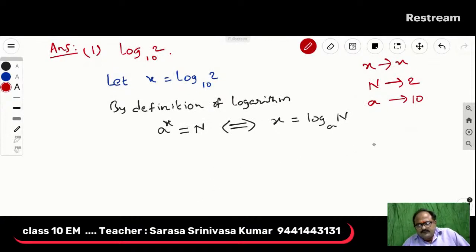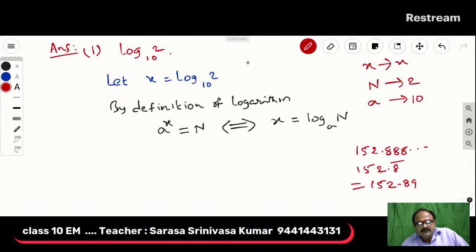Dear students, one of the students asked one question in the previous class, which we discussed in the previous class. 152.888, that means 152.8 bar, so this can be written as 152.89.